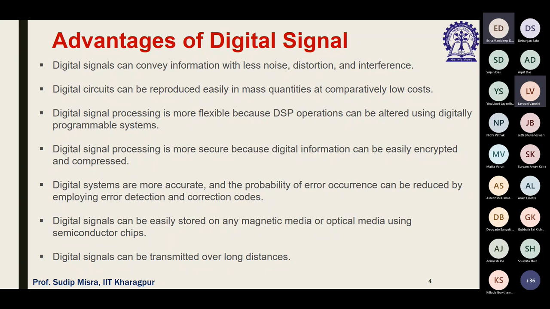DSP is more secure, digital systems are more accurate, and the probability of error occurrence is also reduced. Digital signals can be easily stored on any magnetic material or optical media using different semiconductor chips, and digital signals can be transmitted over long distances.